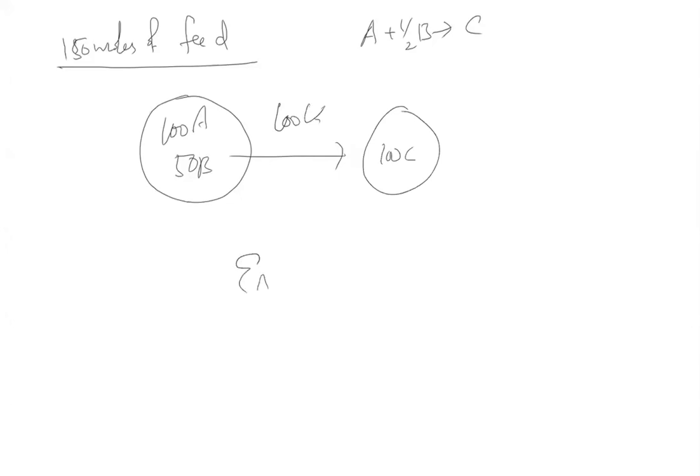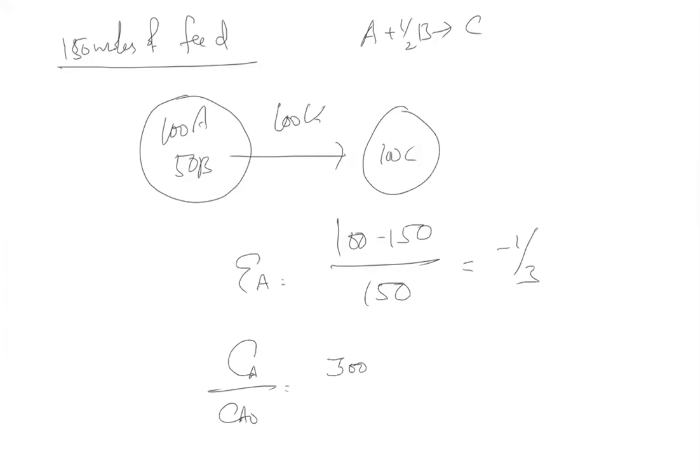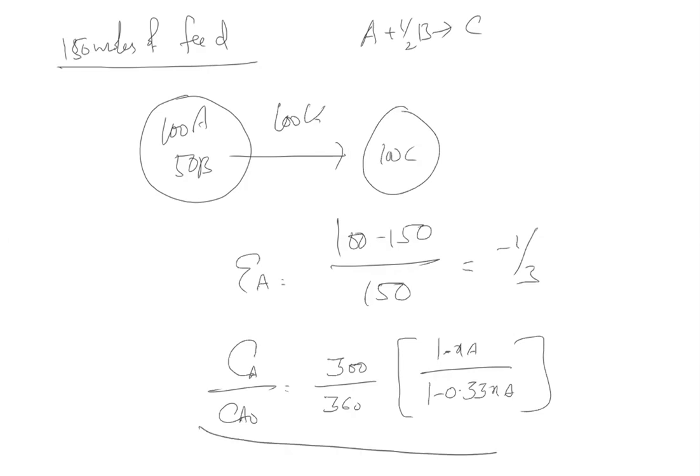So epsilon A is 100 minus 150 divided by 150, so minus 1 by 3. Now CA by CA naught is equal to 300 by 360 into 1 minus XA divided by 1 minus 0.33 XA.